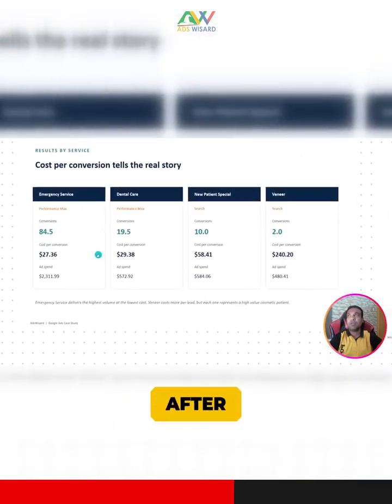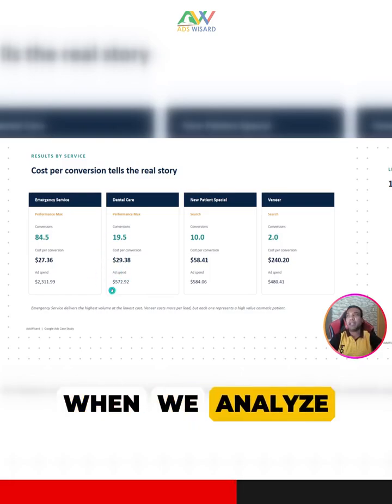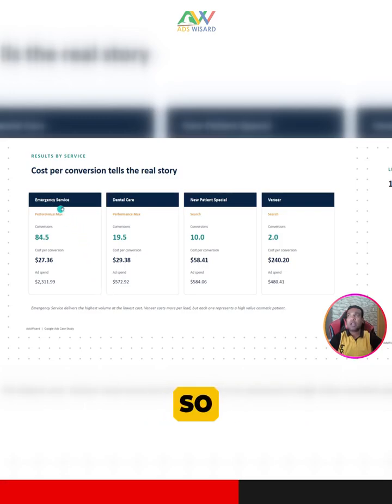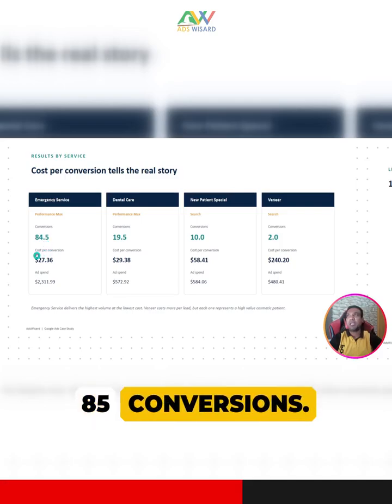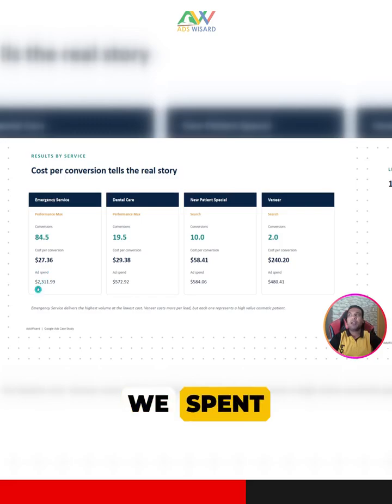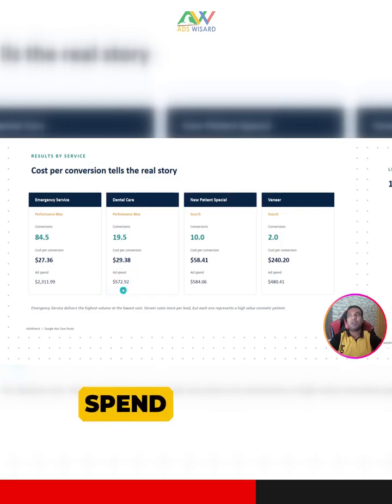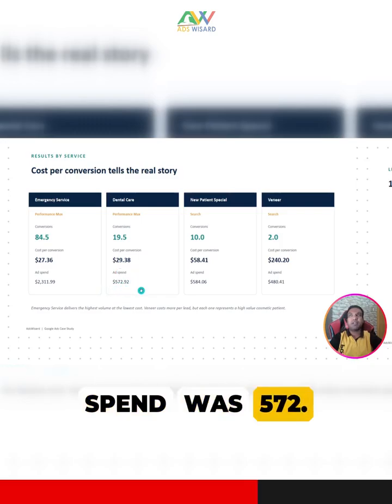So after the monthly cycle, when we analyzed the campaign data, emergency services got almost 85 conversions. Cost per conversion was $27, and we spent $2,311 during this time period. For the dental care services, we got about 20 conversions, cost per conversion was $29 and ad spend was $572.